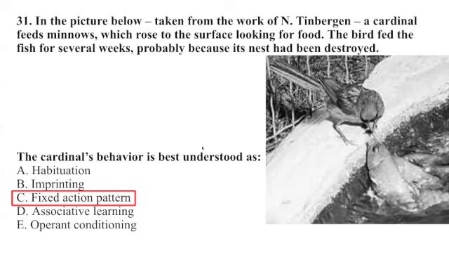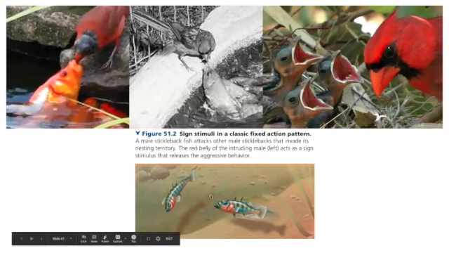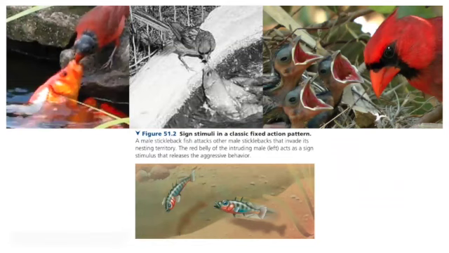So the FAP, or the fixed action pattern, is really our best response here. And if you need to review this, you can go back, and we've talked about a similar one. We saw the sticklebacks in another question earlier this week. You can go to chapter 51 in the Campbell textbook.